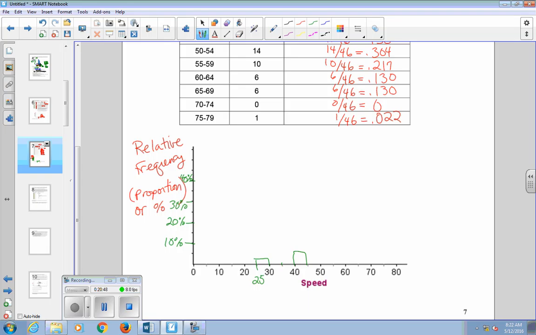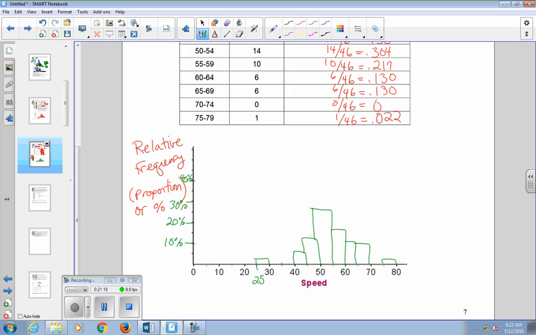And then 45 to 50, we've got about 13%. Right about there. And 30% roughly for the next bar. So here. And then we've got 21% for the next bar. There. And about 6% for the next two. And then one tiny bar over here at about 2%.